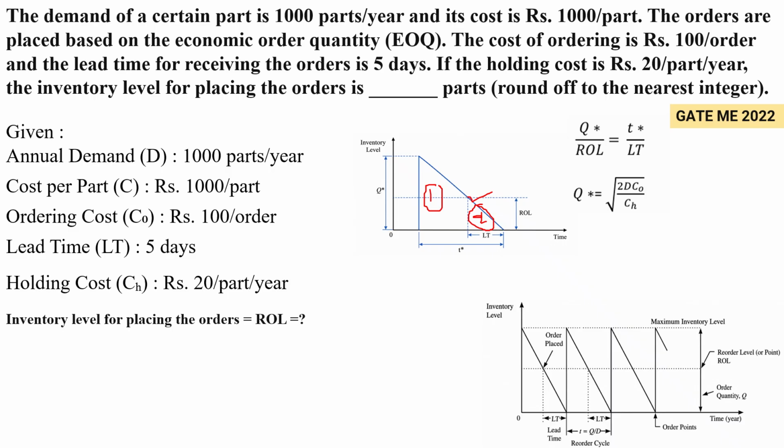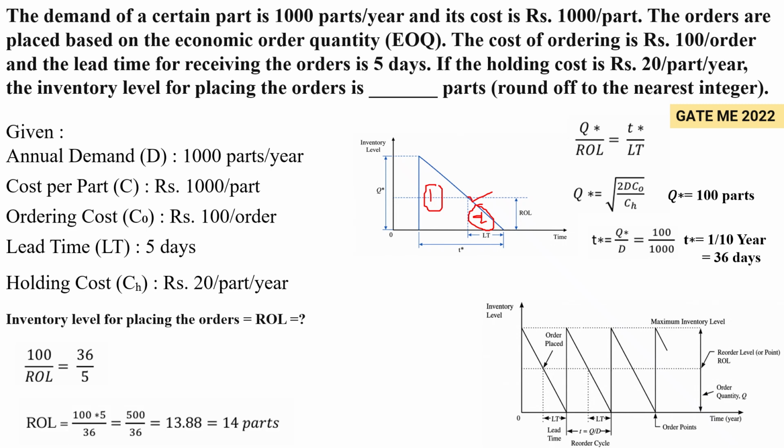Q star equal to root of 2D C0 by CH, which is equal to 100 parts, and T star equal to Q star divided by D, which is equal to 1 by 10 year, which is equal to 36 days. Then Q star 100 divided by ROL equal to T star 36 divided by lead time equal to 5. Then ROL equal to 14 parts.